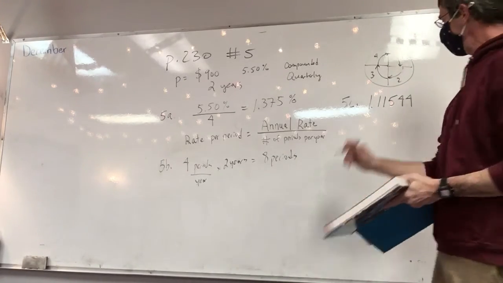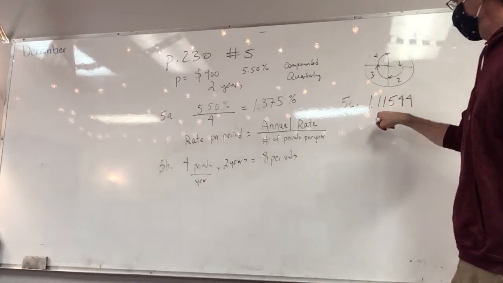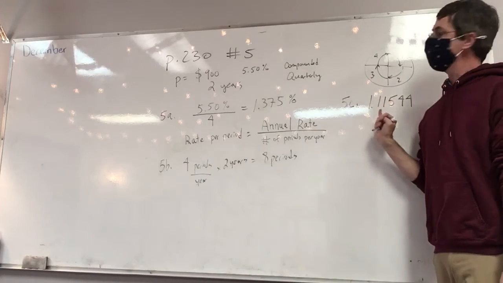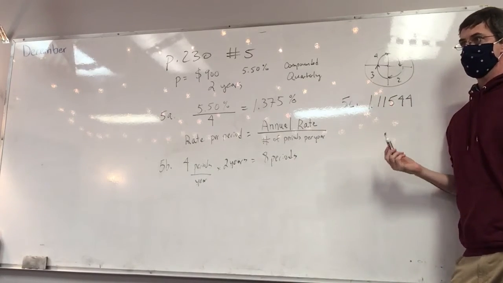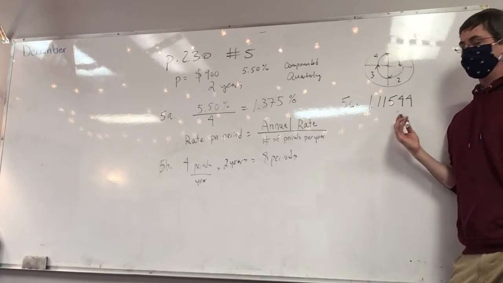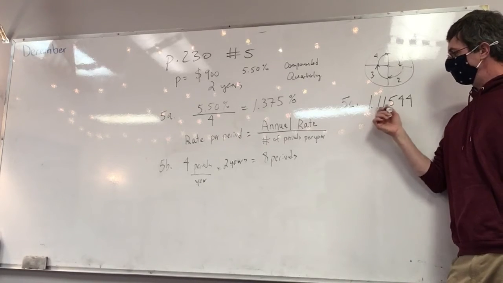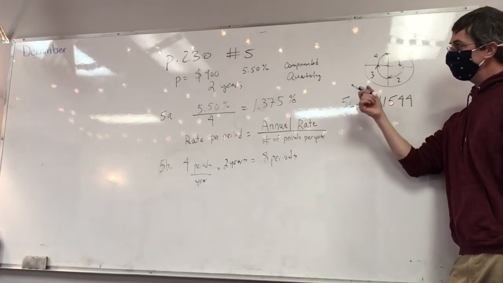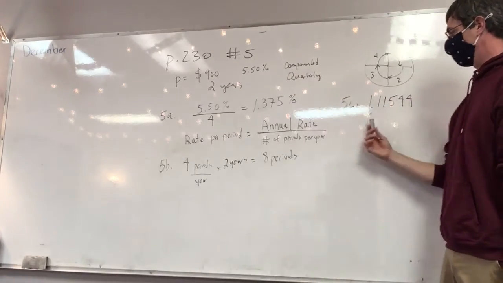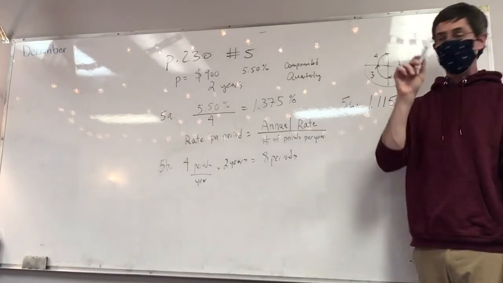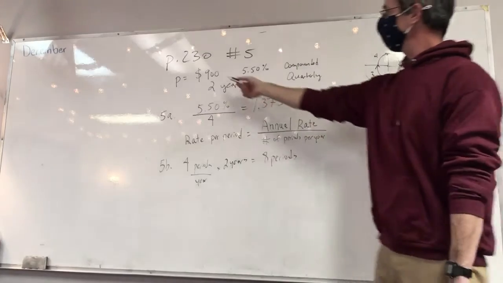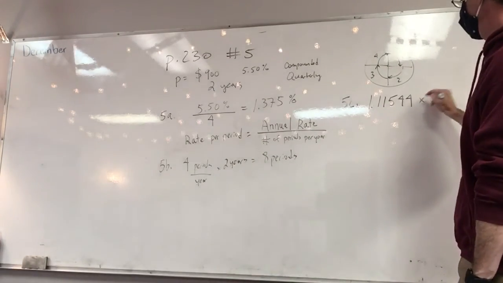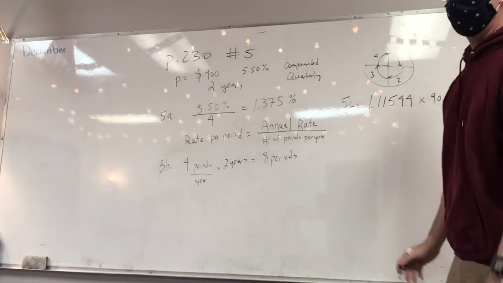All right, so we take this number, and this is how much interest $1 would earn over this period. That's what this number means. It's how much money, what $1 turns into over 2 years of 5.5 interest compounded quarterly. That's what this number means. So if we got it for $1, to do it for $900, all we have to do is just multiply it by 900. Okay?